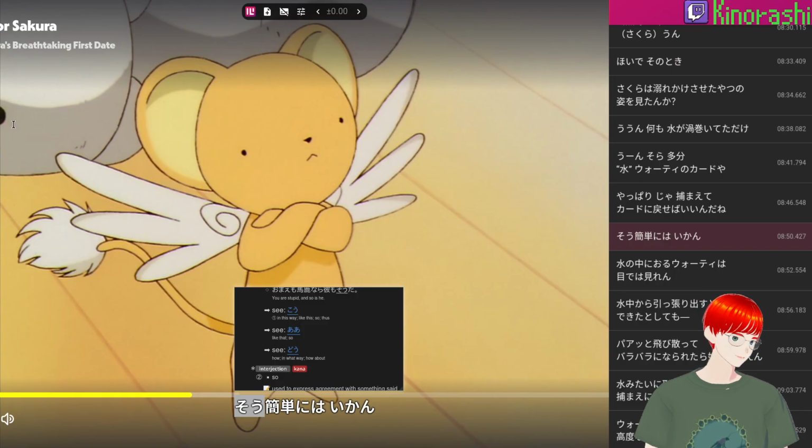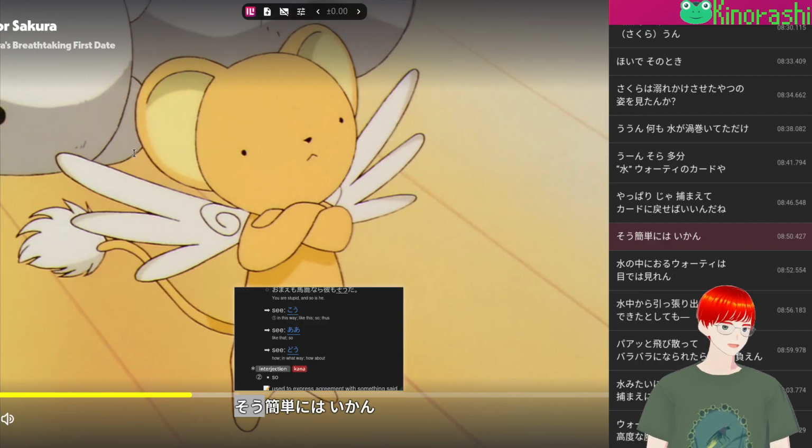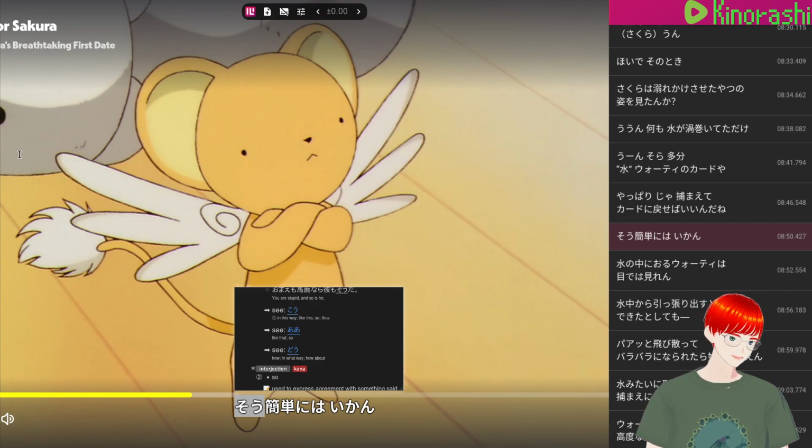Let's see. The so in the phrase so kantan ni wa ikan is not the same as the auxiliary so used to express conjecture based on observation or future possibility. Instead, it is part of the manner series, ko so a do, where so means that way, in that manner.